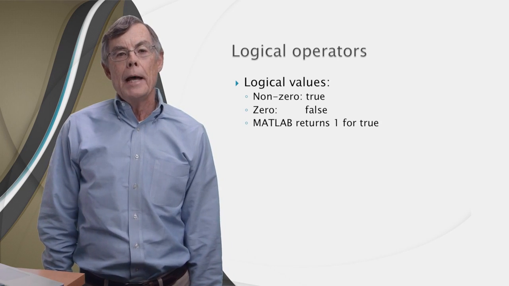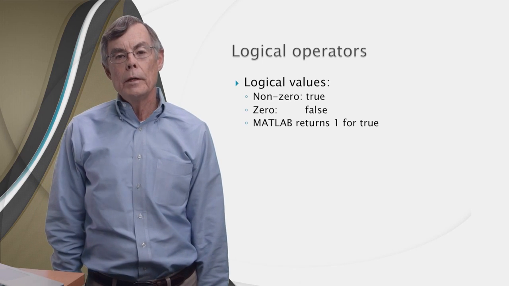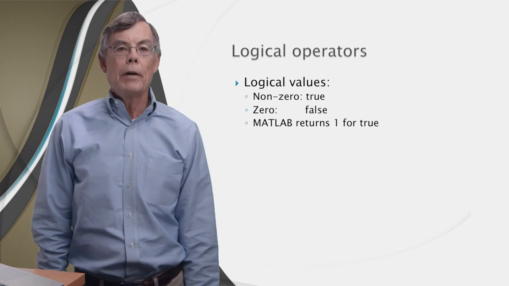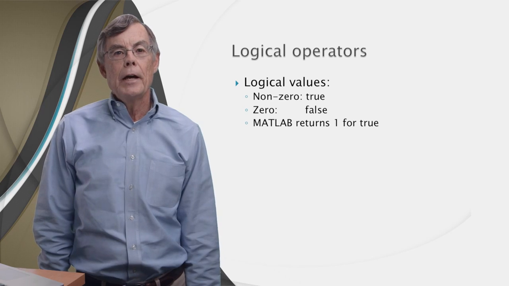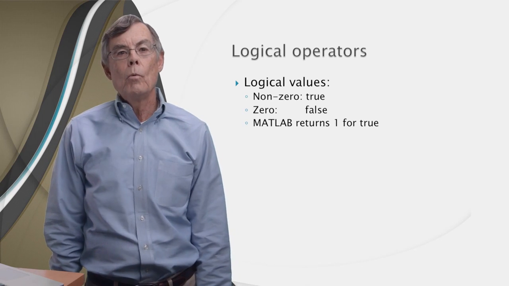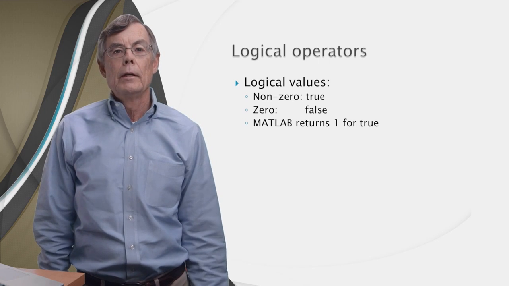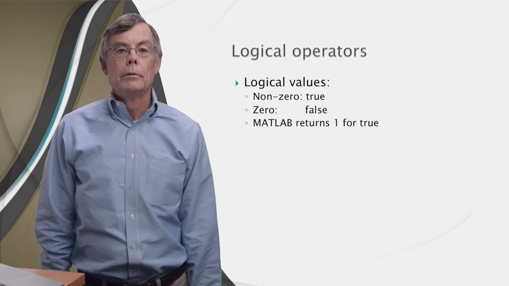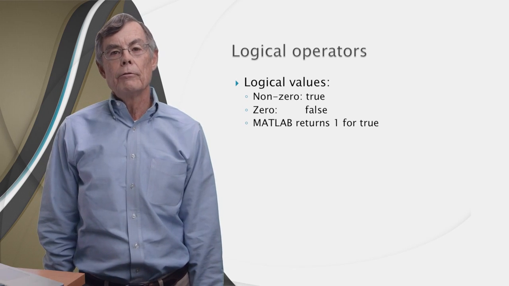But when MATLAB outputs a logical true, it always outputs the value 1. Note that this means that you can give any value to MATLAB to be interpreted as logical. If you give it a value that's neither 0 nor 1, say 98.6 or minus 30, that's fine. MATLAB will treat it as true. But it will always return 1 for true and 0 for false.